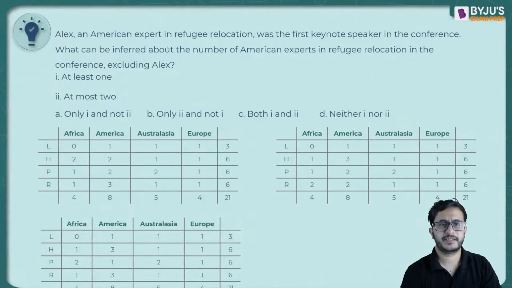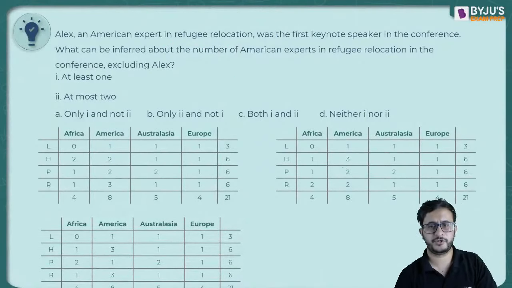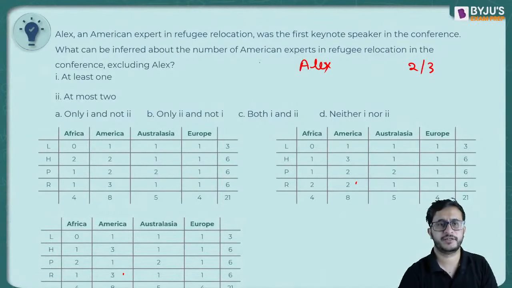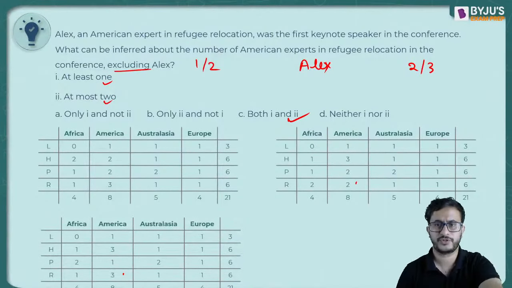In refugee relocation, we have two or three people, right? In this case we have two, in this case we have three. So either we have two or three people. Alex is one of them, so excluding Alex, the remaining will be one or two people. So at least one, at most two. Both are true.